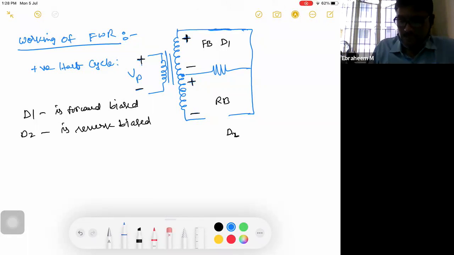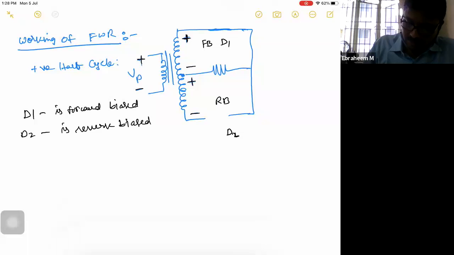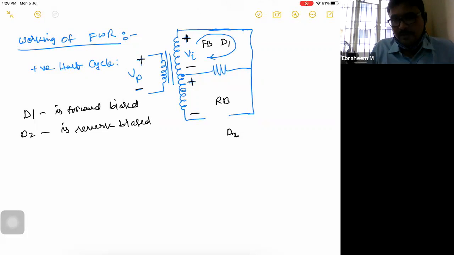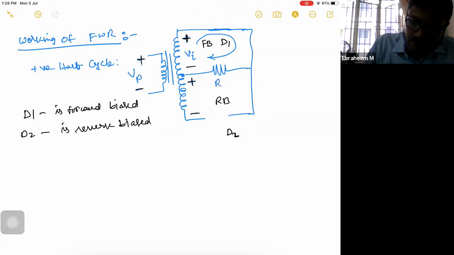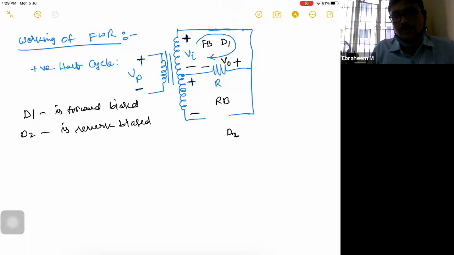Is it clear? As a result, whatever voltage is available here, let it be VI. Since it's a closed circuit, current will circulate in this closed path. The current enters the right side terminal of the resistor R. So plus and minus is the polarity of the output voltage across the load resistor.